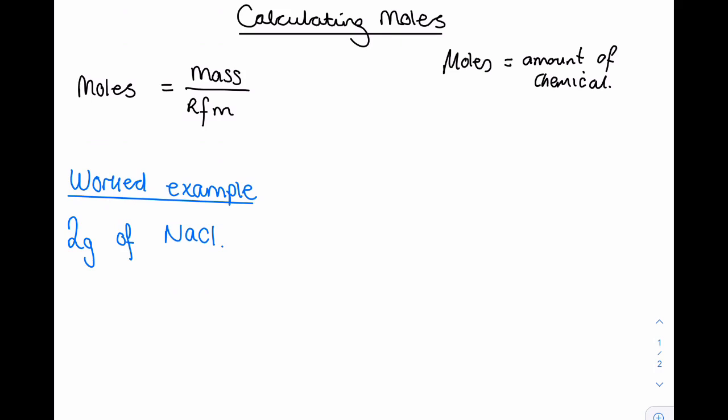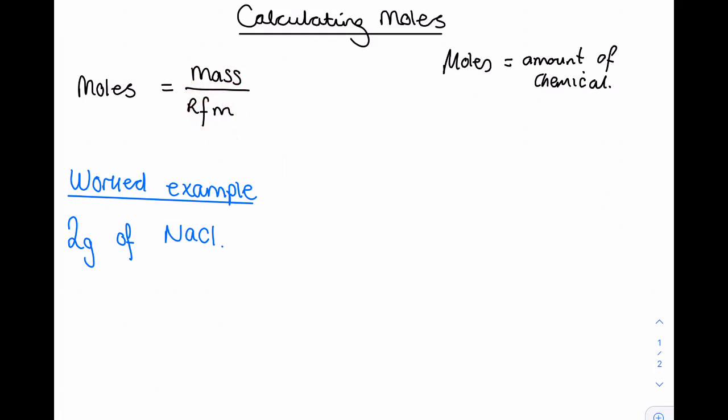So simply, it's an amount of a chemical, and moles is just a way of describing how much of a chemical we've got. Now we can calculate moles by using this equation here. So moles equals mass divided by relative formula mass.